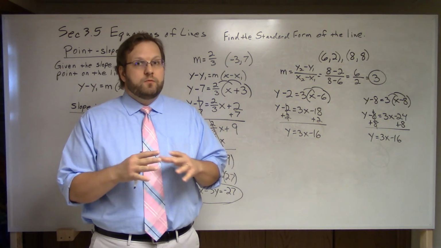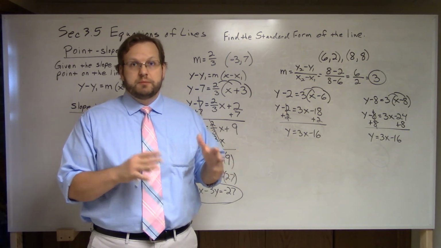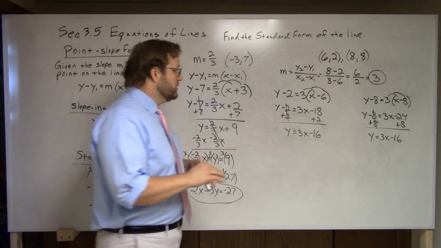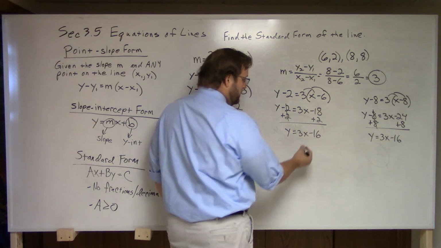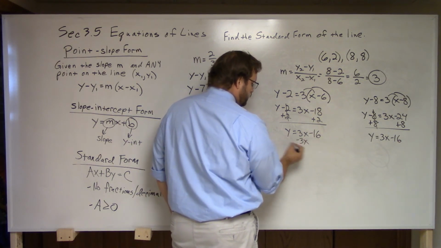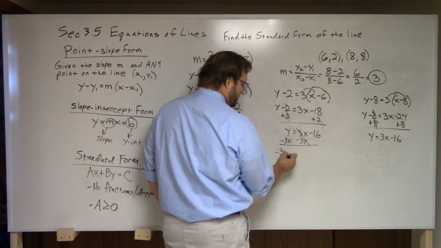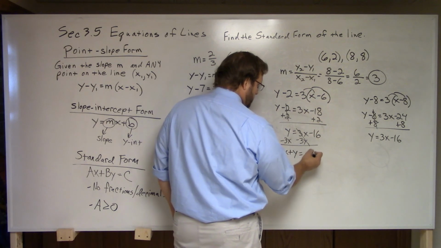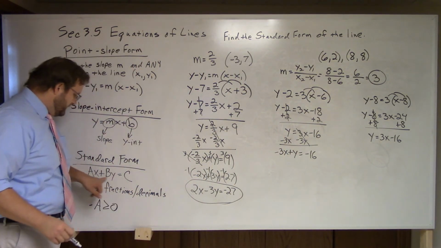There's only one slope intercept and one standard form for each line. There's point slope form, where there's literally an infinite number of versions that are all correct, depending on what point you use. So let's go with this one. If I want to do the standard form, I'm going to bring the x over. That gets the x and y on the same side.